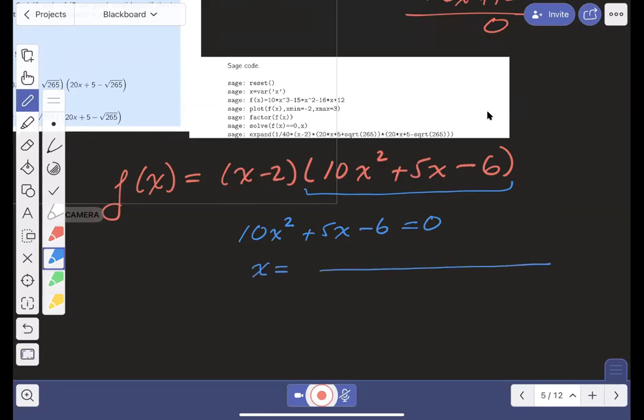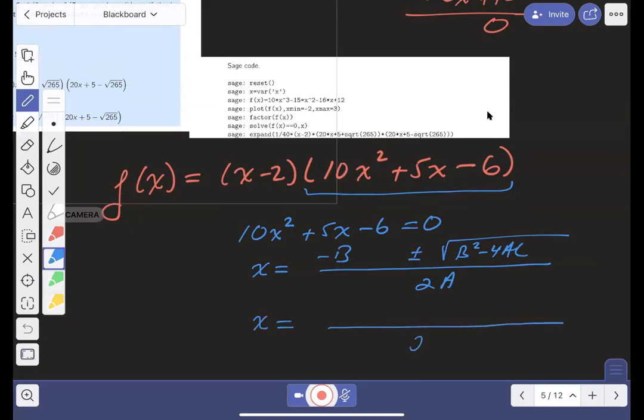Let's see, the bottom is, let's see, it's going to be x equals the opposite of b plus or minus the square root of b squared minus 4ac, over 2a. Let's see if you can write that down. Let's do the bottom first.